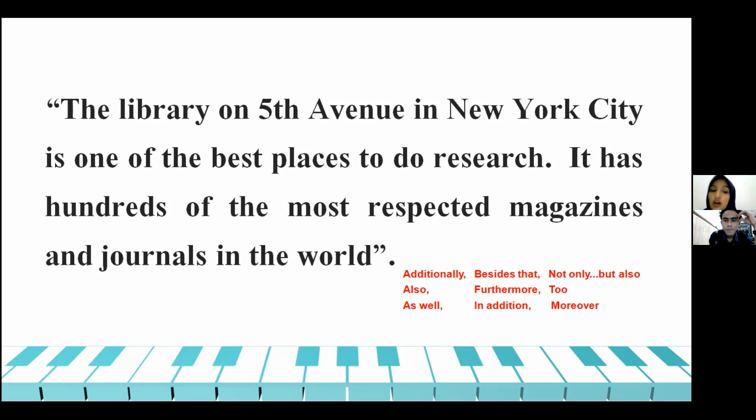How about also? Yeah. Based on also, we put it before it has, or somewhere else. Yes, Iman? Additionally, besides that, not only but also, and then also, as well, furthermore, in addition. Second one first, Iman.